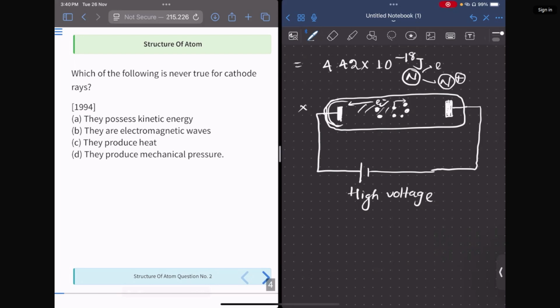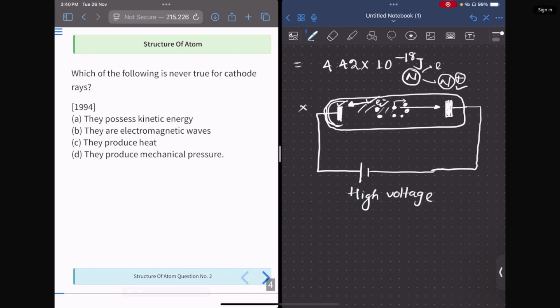The electron is negatively charged, so it will move towards the positive electrode, and the atoms, being positively charged, will move towards the negatively charged plate.